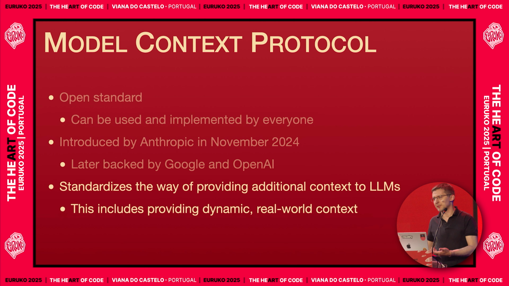So I have my own one, so I'll try. MCP standardizes the way of providing additional context for LLMs. And this additional context includes providing interactive, real-world, up-to-date, current context.